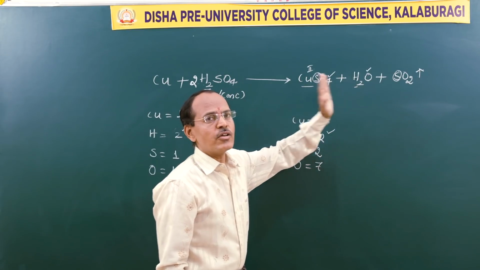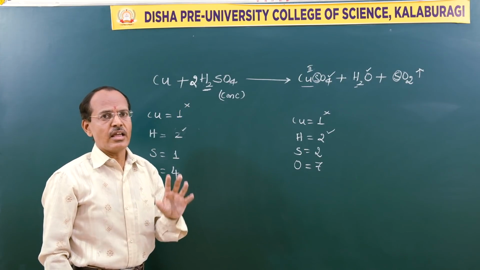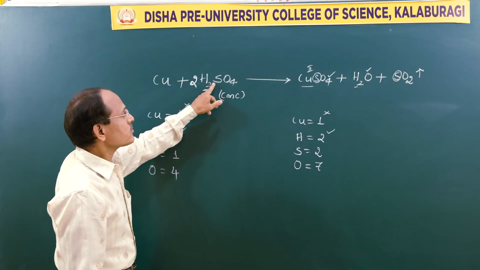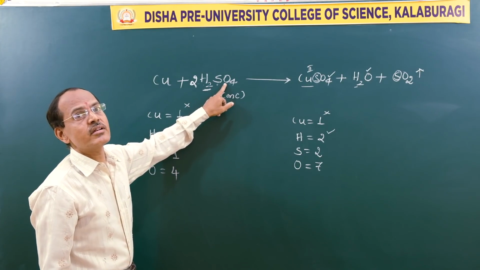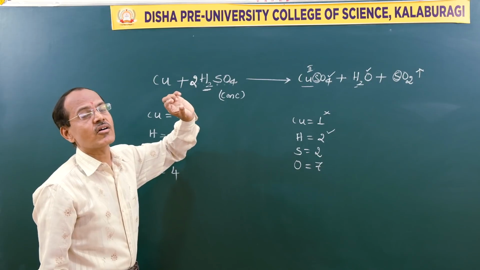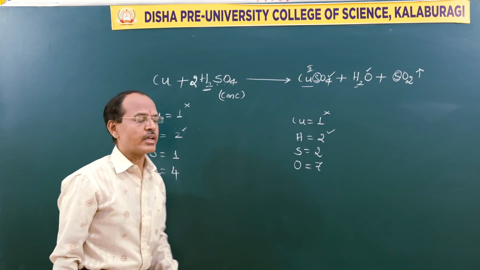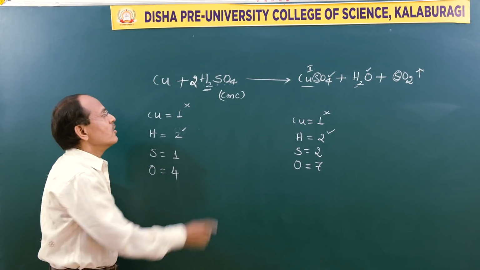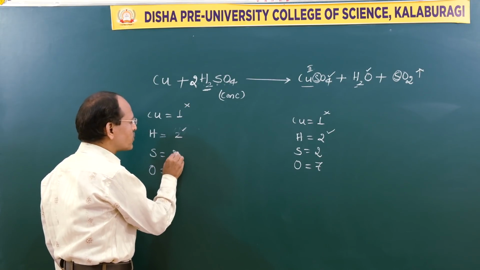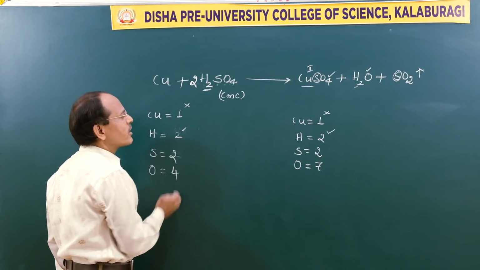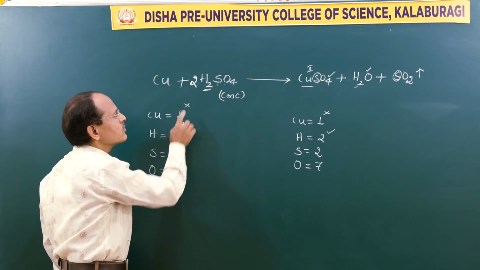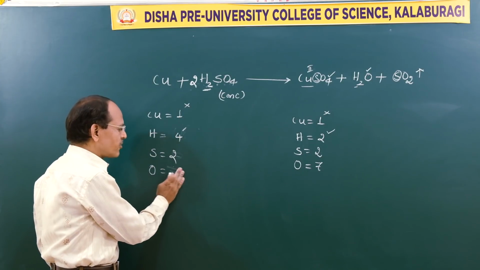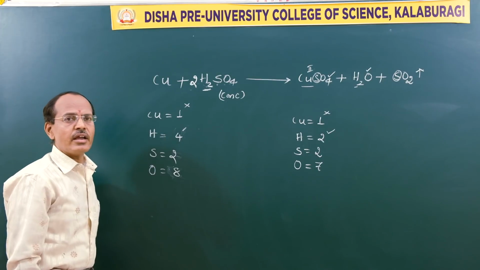Any number you put will affect all the atoms present in that molecule. Now if I put 2, sulfur is no doubt 2, but hydrogen is disturbed and becomes 4, 2 into 2. Oxygen is also disturbed; instead of 4 it becomes 8.